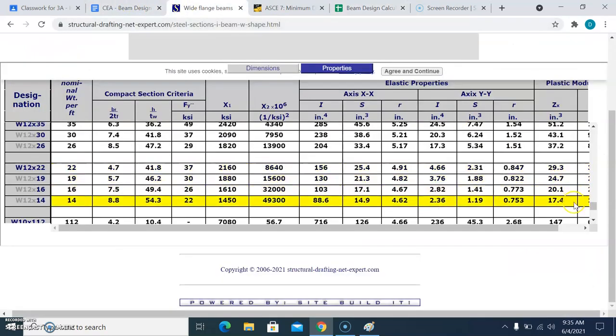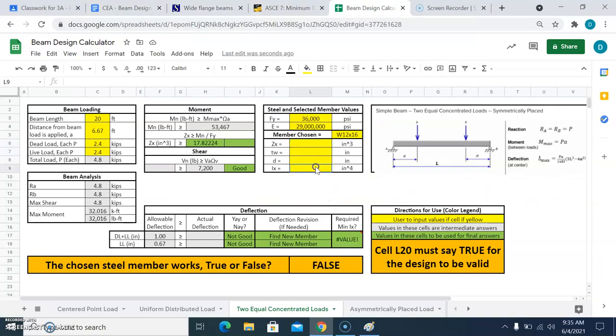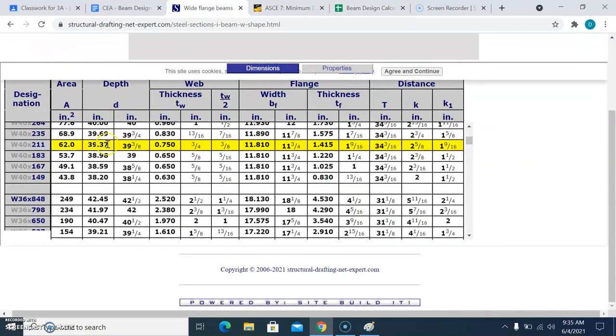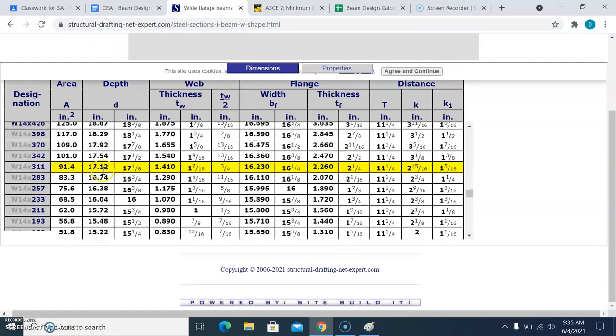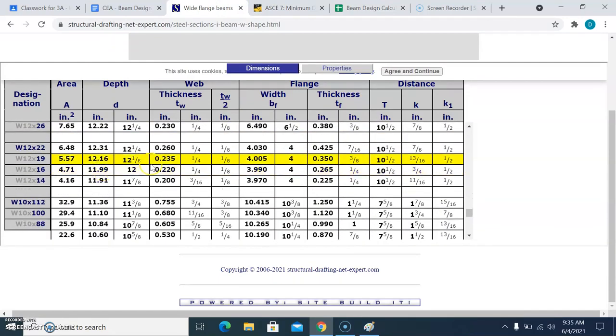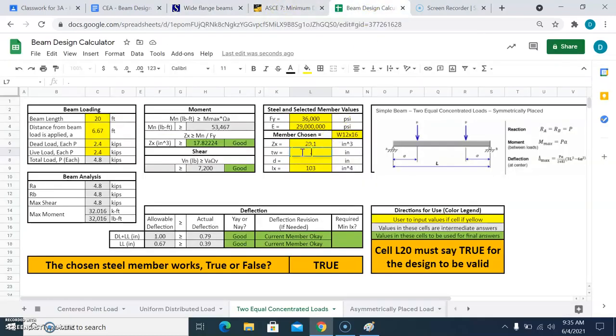And what was it, 20.1 and 103. And then we have to get the values over here, so 12 by 16: 0.22 and 1199. All right, done with that one.